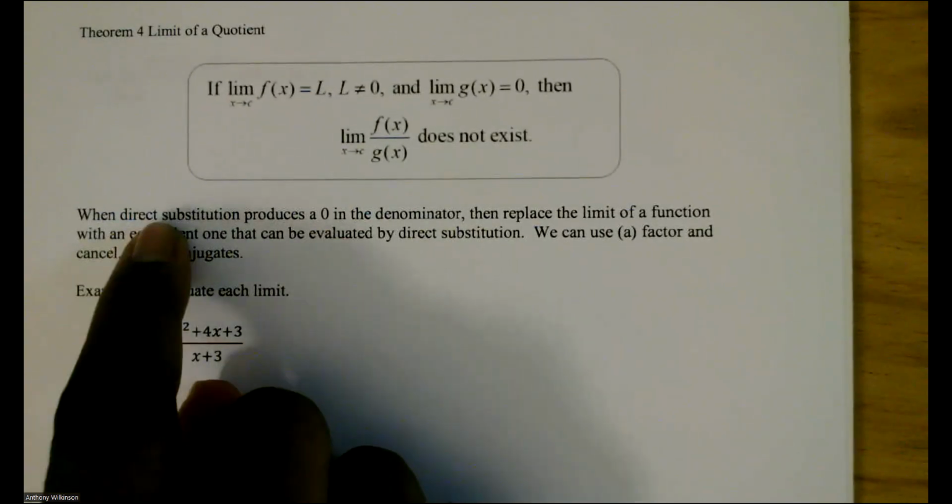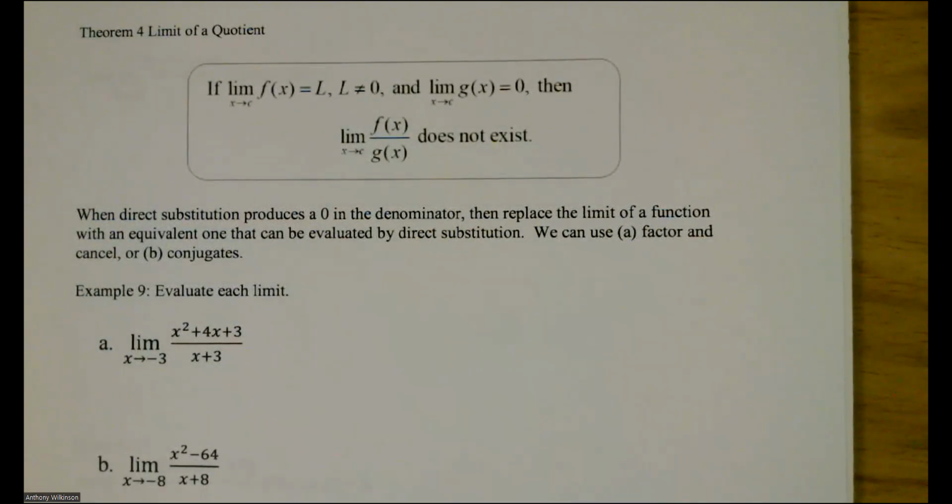Now, this is important here. When direct substitution produces a 0 in the denominator, then replace that limit of a function with an equivalent one that can be evaluated by direct substitution. So here you're going to have to use something called factor and cancel, or factor and divide out common factors, or use conjugates.